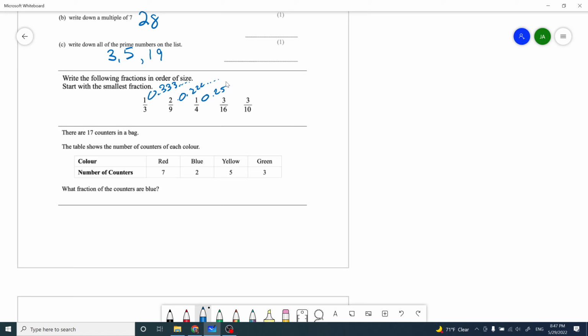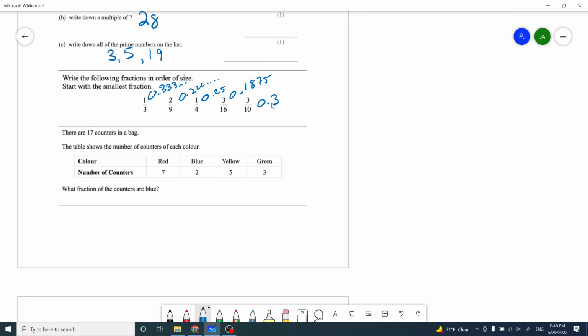Next we have 3/16, which if you're not sure, you can always work out using long division, 3 divided by 16. I'll save you that trouble right now. This is going to give us 0.1875. And finally, 3/10 is going to be 0.3.